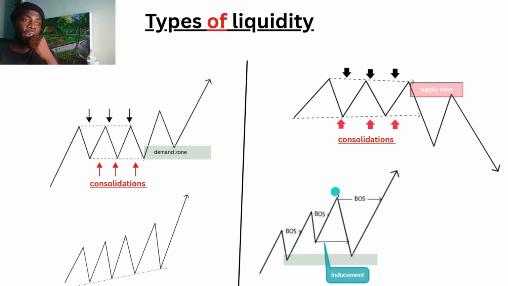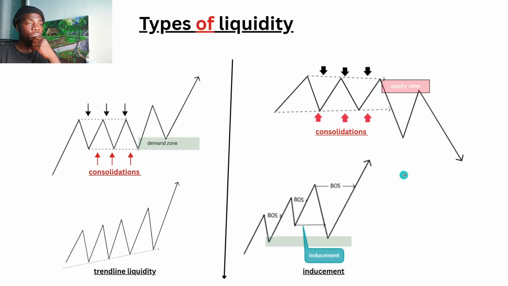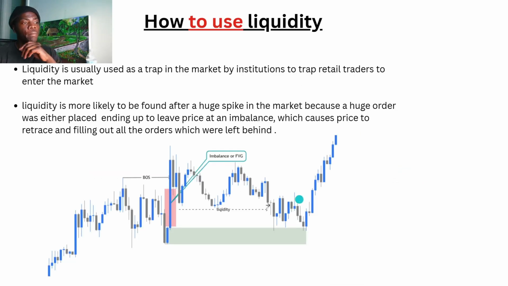So price came back, liquidated this area right here, taking out every single person who actually placed their trade right here. Once price took these traders out, what did price do? Price mitigated this demand zone right here, and then price got pushed to where they actually wanted price to go. So this is a perfect example of an inducement, and a good example of how liquidity is used.